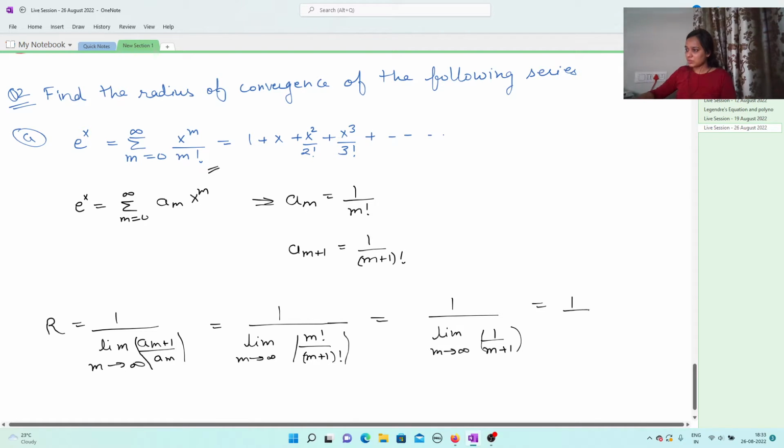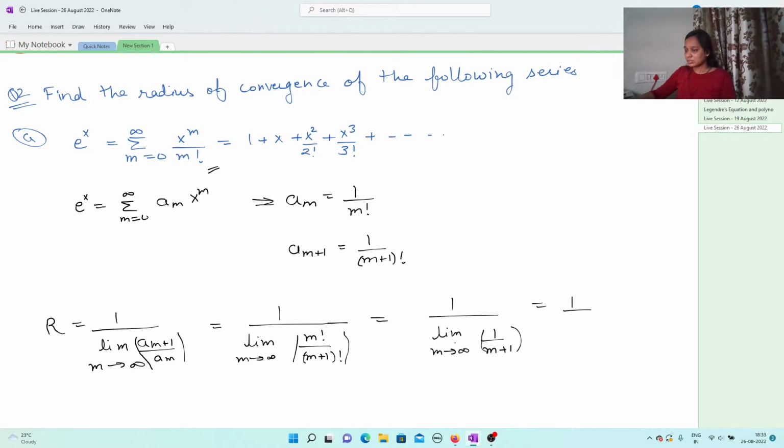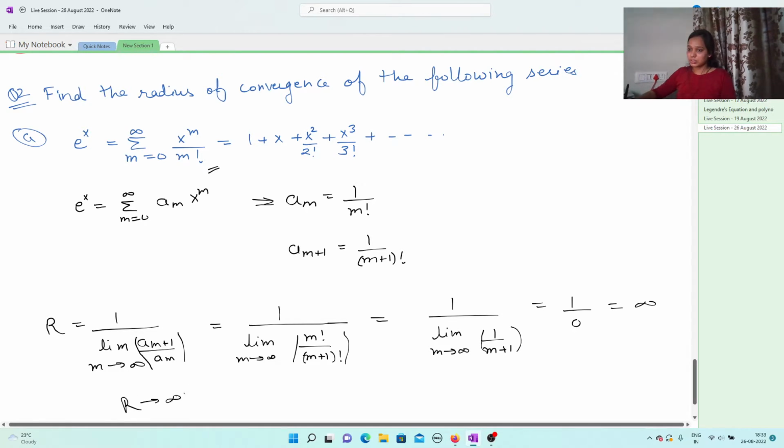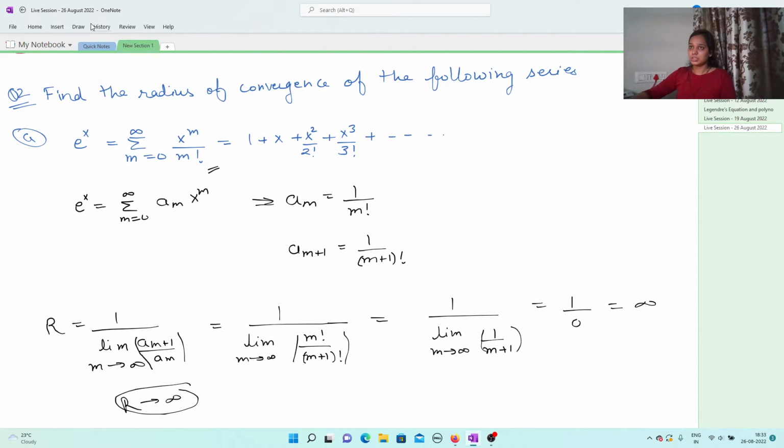So this becomes 1 over limit n tends to infinity 1 over n plus 1, which would be 1 over infinity, that is almost 0, and we can write it as infinity. So what is the radius of convergence? It's infinity for this particular case. Okay, any doubts in this?